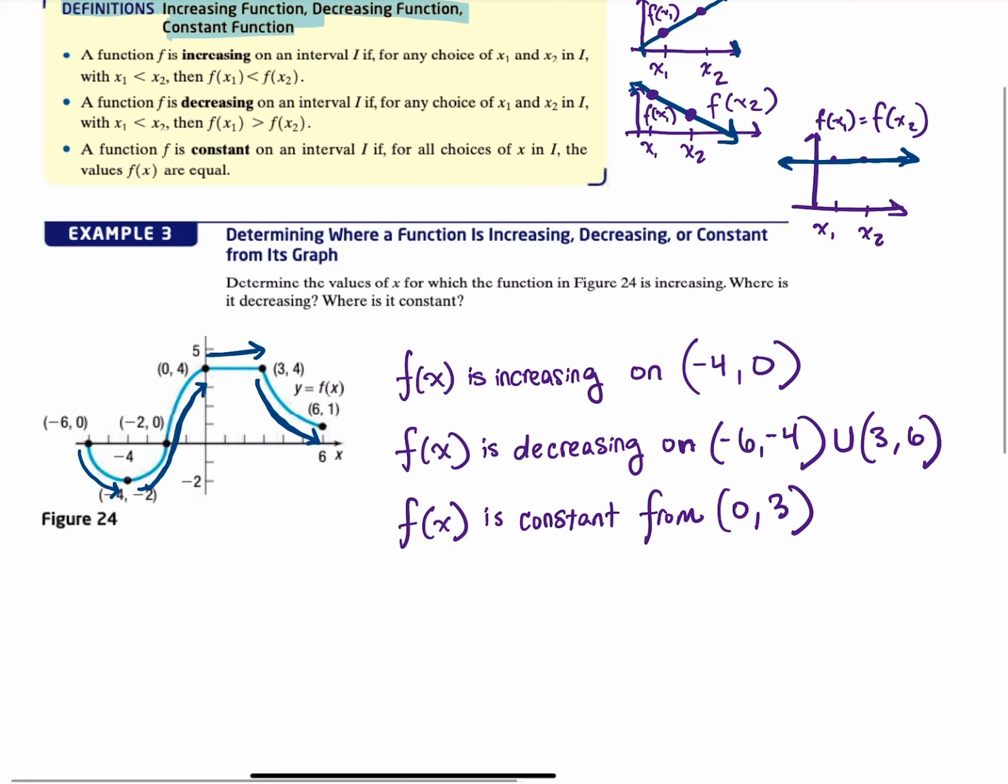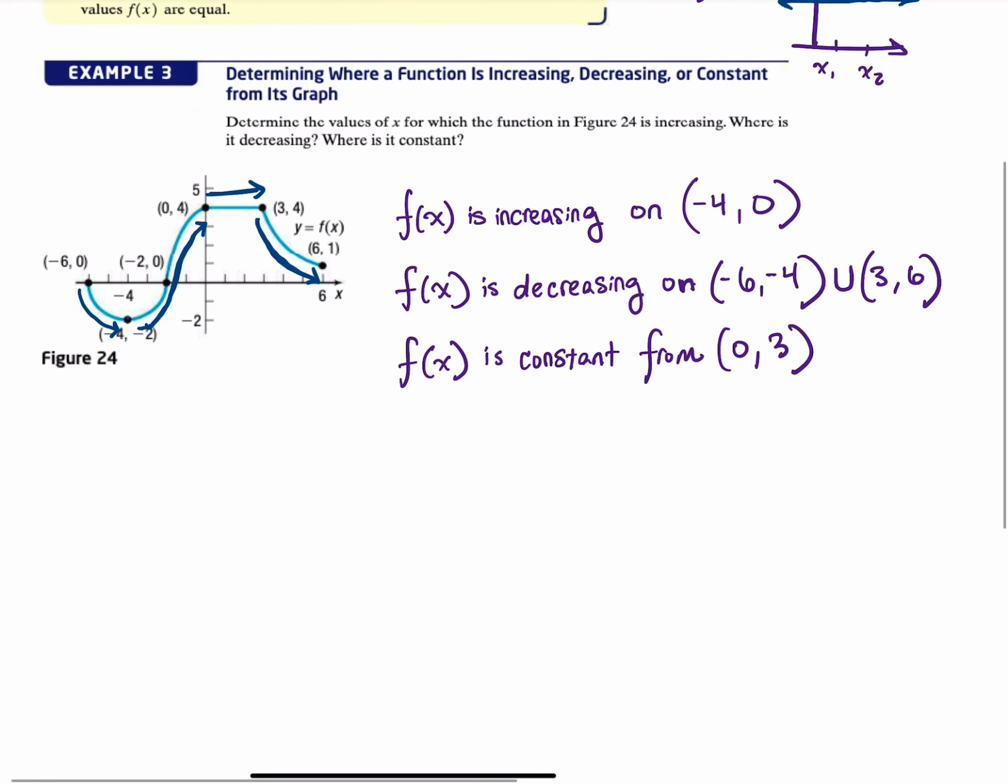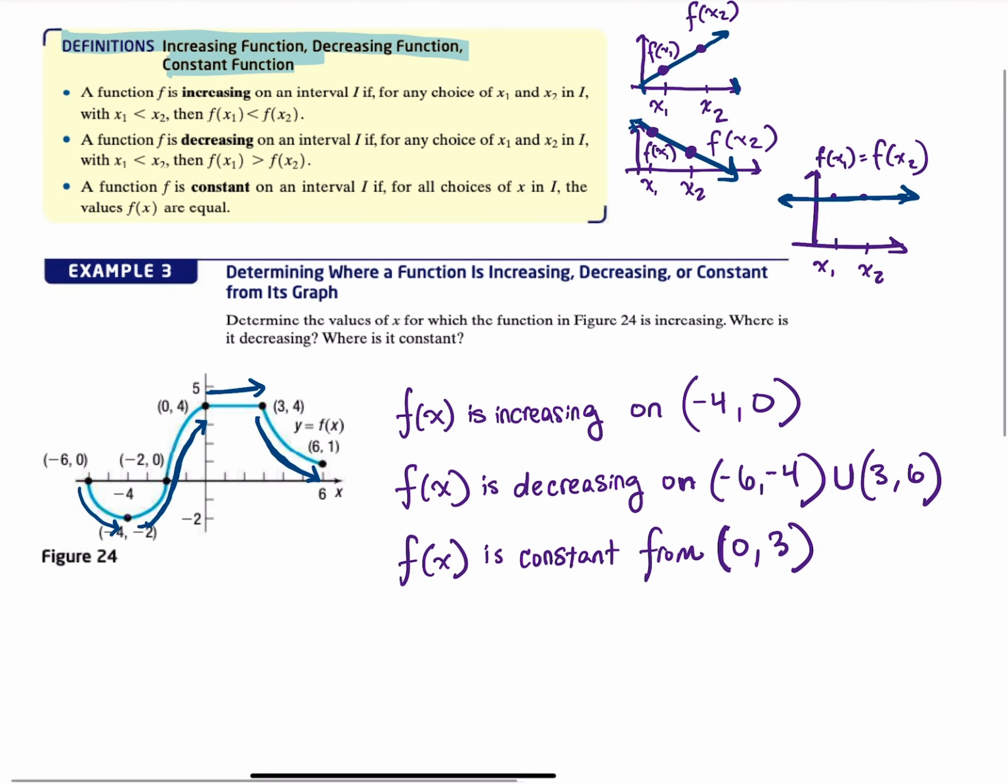And just to speak a bit more on the open or closed interval, I understand where the textbook is coming from because of how this is defined. They're saying specifically on any interval, so not specifying open or closed, and then specifically where your second point is greater than your first point.